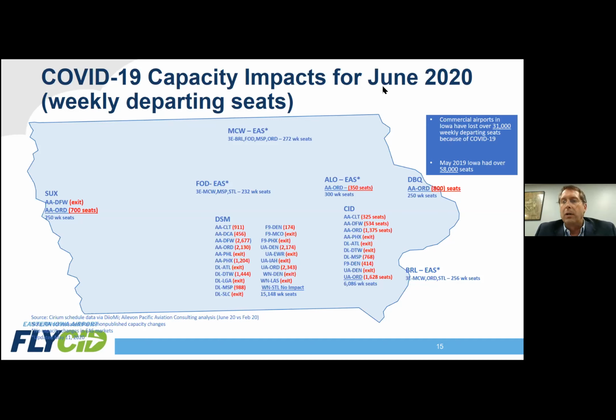Iowa as a whole was at 58,000 seats for the month in May. And then, of course, we're off over 31,000 seats now. And a total of 15 nonstop markets have exited the state of Iowa. And most of those, again, are represented in Des Moines and Cedar Rapids, taking the biggest hit.